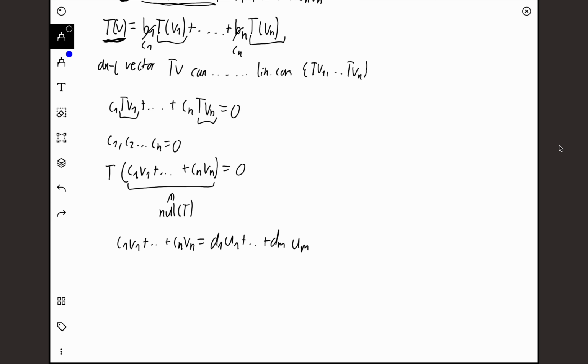These are just some random scalars. So there are two ways to write this vector, basically, if this vector is really in the null space of T.